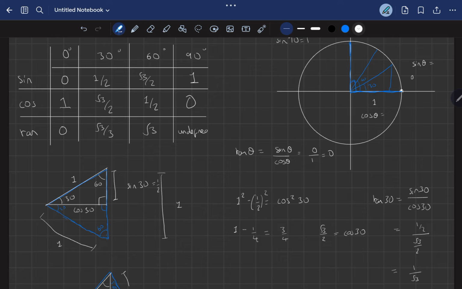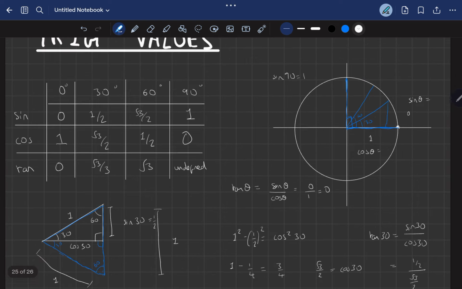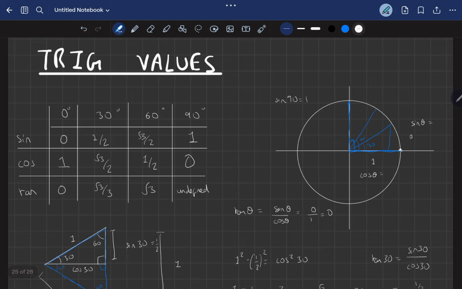Now, this is also undefined because remember from the previous video, tan represents the height at which the radius would meet it. Notice these two lines are parallel, so they would never meet.